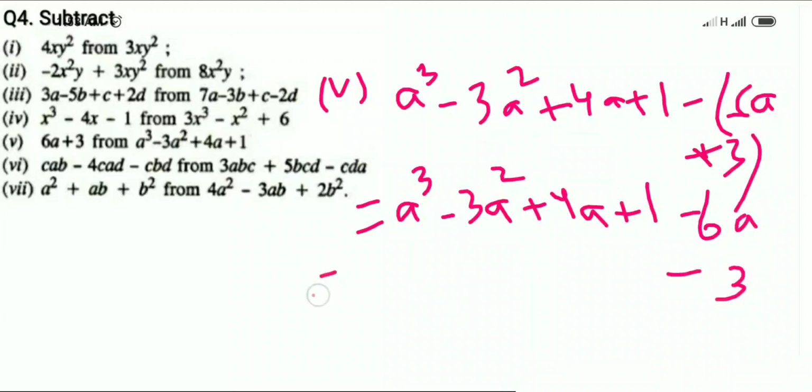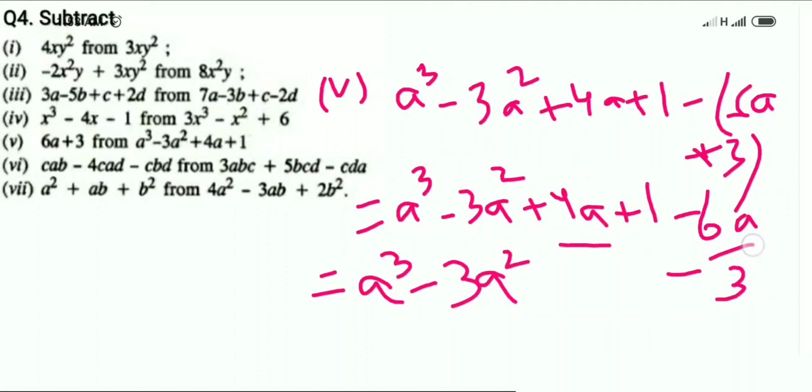That will be equal to a cube. If we see if there is any a cube, it's not there, so a cube remains a cube. A square, now we will see, which is not there, 3a square plus 4a minus 6a plus minus is there, therefore subtraction will be done.